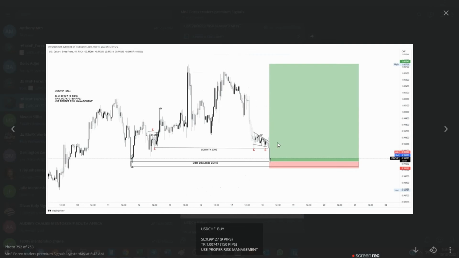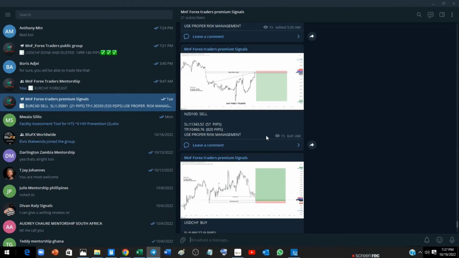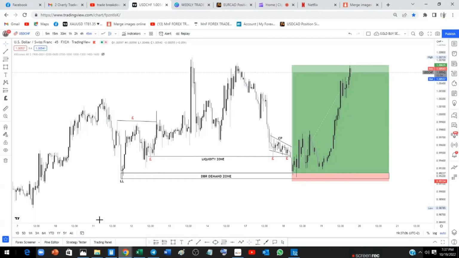This is the same trade which failed from here, but guess what? I caught it from here. Both of them are meeting my criteria. Not trying to revenge trade, but looking for my setup. Once my setup presents itself, I'm obligated to take that trade because I know that on a trade by trade basis, anything can happen. So this is how we caught this particular beautiful trade.